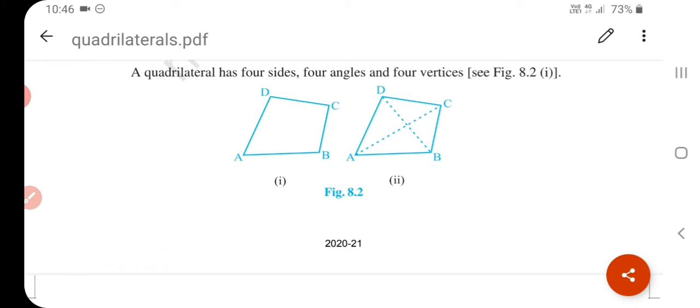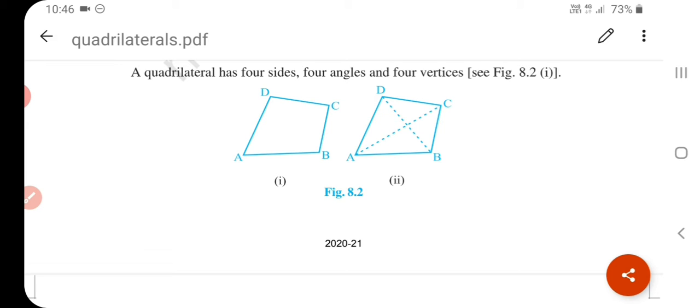Now we also get pairs of adjacent sides. AB and BC are a pair of adjacent sides, BC and CD are a pair of adjacent sides, CD and DA are also adjacent sides, and DA and AB are adjacent sides.